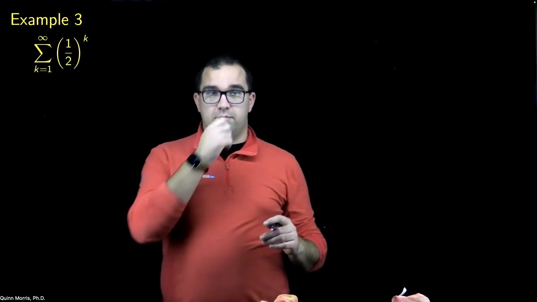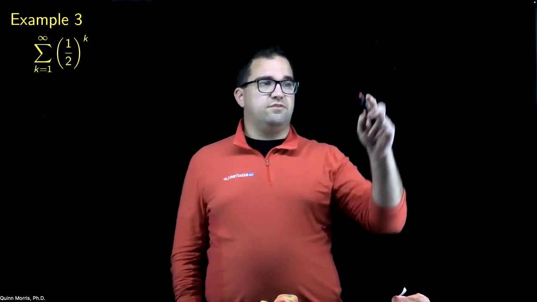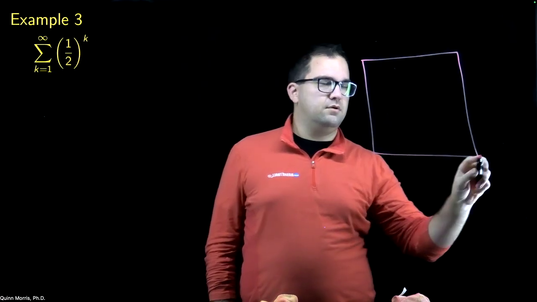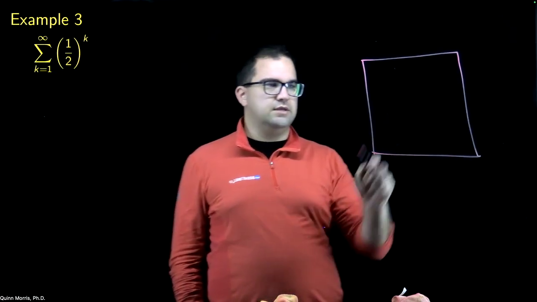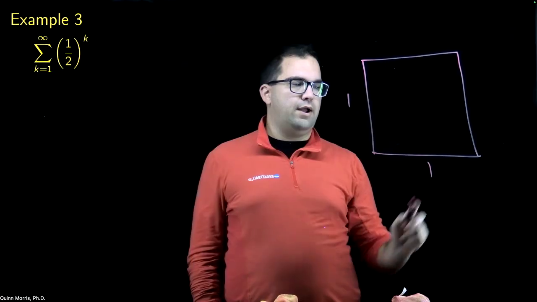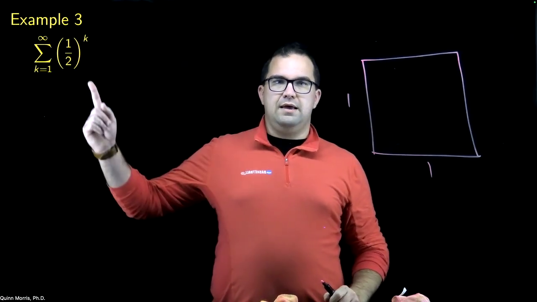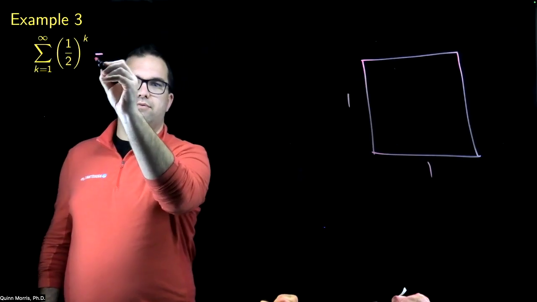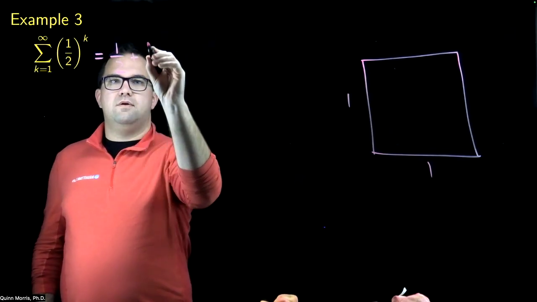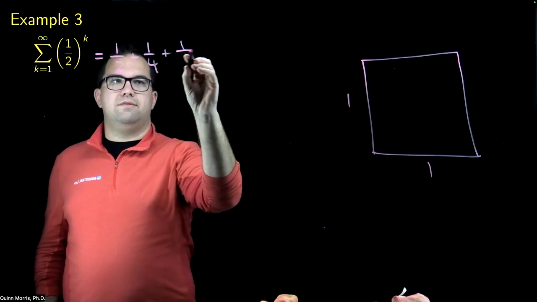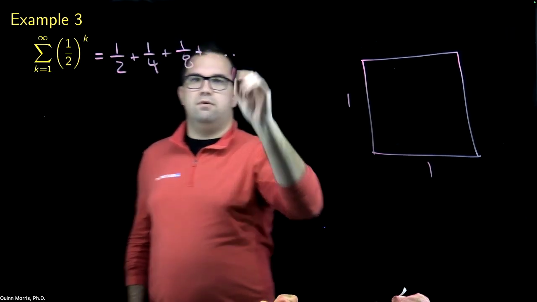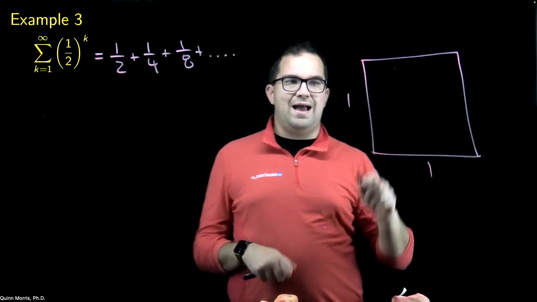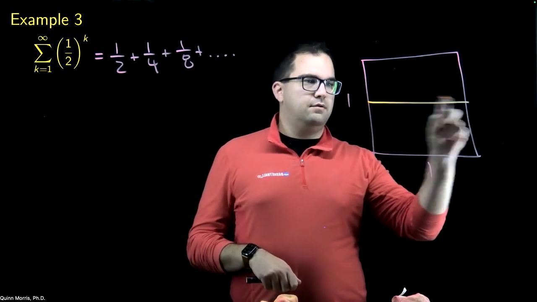Before we prove it formally, let me give you one more justification, maybe a little bit of geometric intuition for this. So imagine I took a unit square, okay, and the terms of my series, if I just start writing these out, would be 1/2, 1/4, 1/8, so on and so on. So if I come over here to this unit square, I could first represent a half by this area.